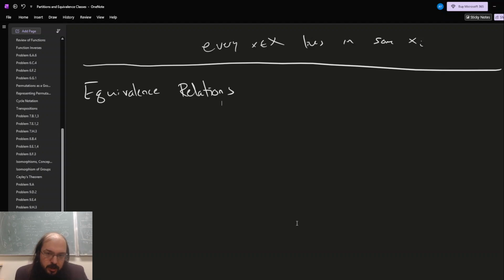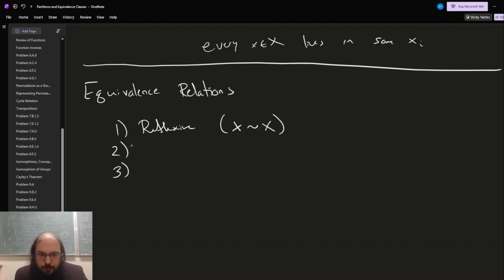An equivalence relation is a relation on a set with the following three properties. It is reflexive, meaning every element, let's not use the letter A, let's use x, every x is equivalent to itself.